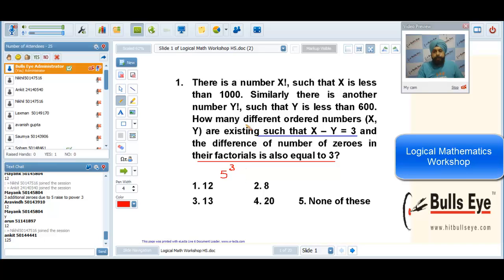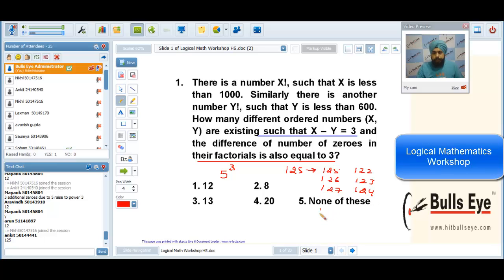Now, how many numbers less than 600 might be there? We know 5 cube is 125. Now, just try and check how many values closer to this will satisfy this. You may take x to be 125 and y to be 122, 126 and 123, 127 and 124.